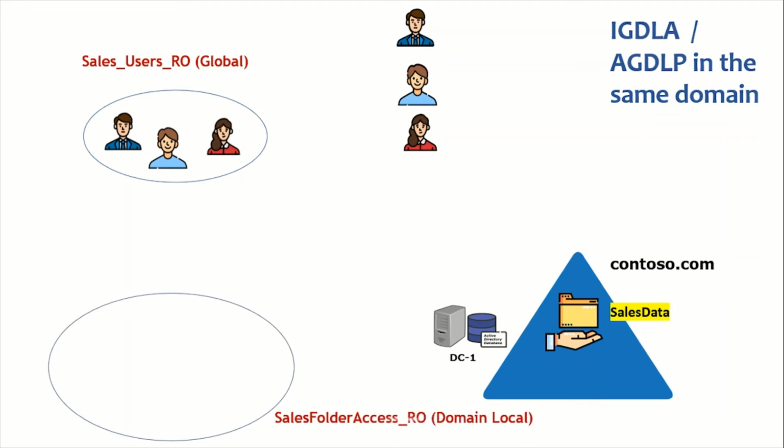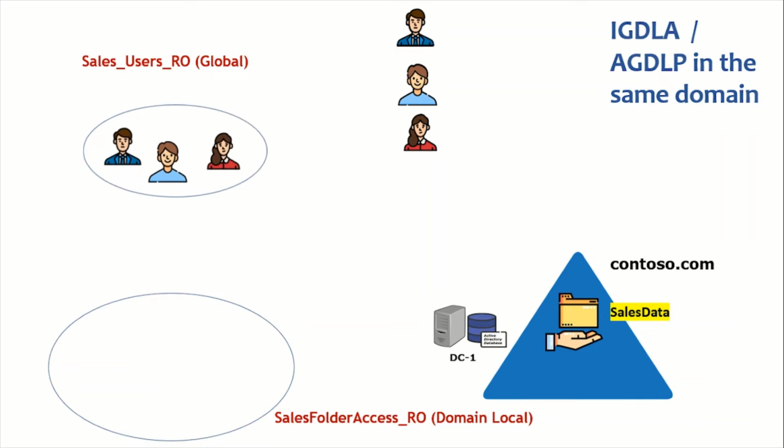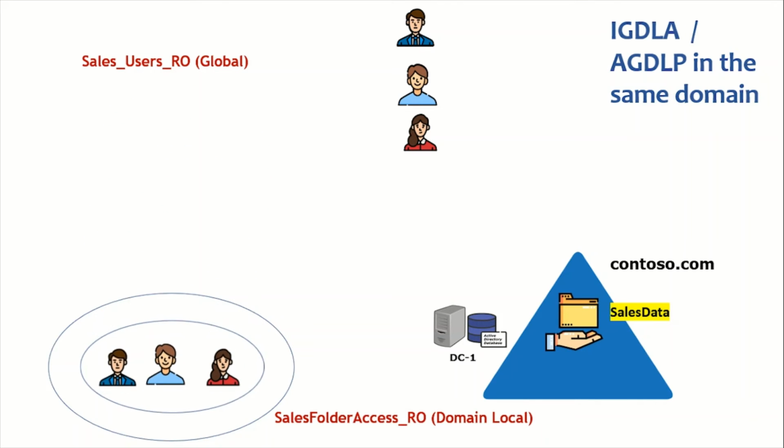Then we'll create a domain local group now, sales folder access_read only. And the next step would be to add this global group as a member of the domain local group. So now we have performed group nesting over here. So we have nested the sales user read only group into sales folder access read only.